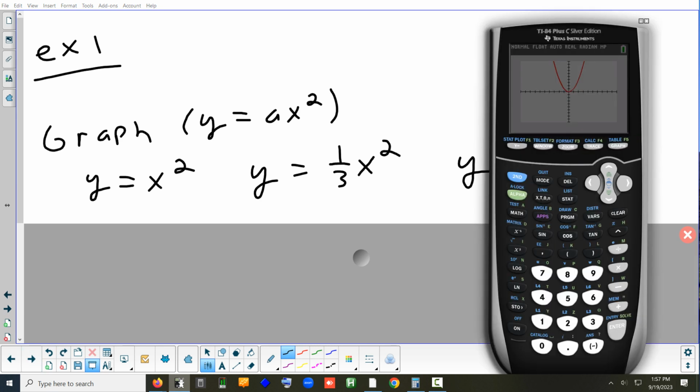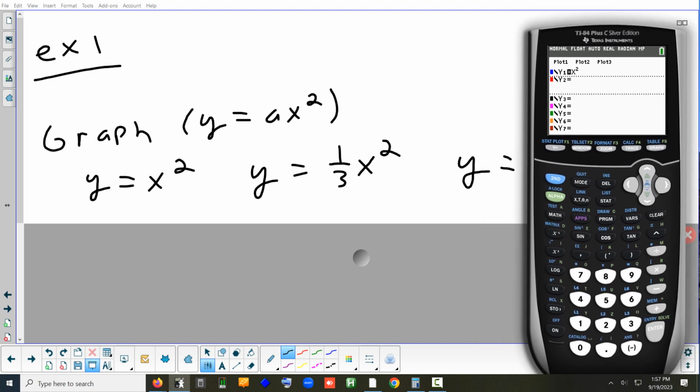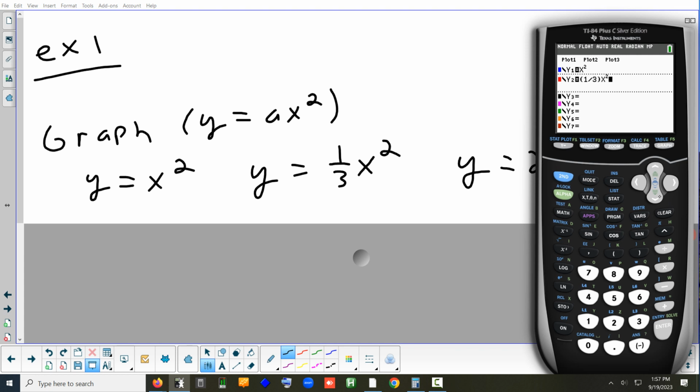Okay, let's graph all three of these. So we've got x squared. This is how you can do 1/3, that's one way to do it: 1/3 x squared. And 2x squared. Okay, and let's look at all three.